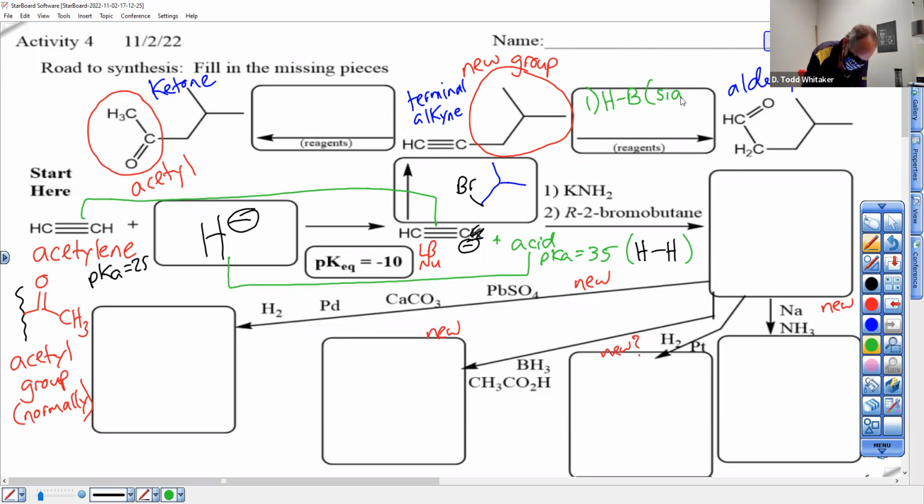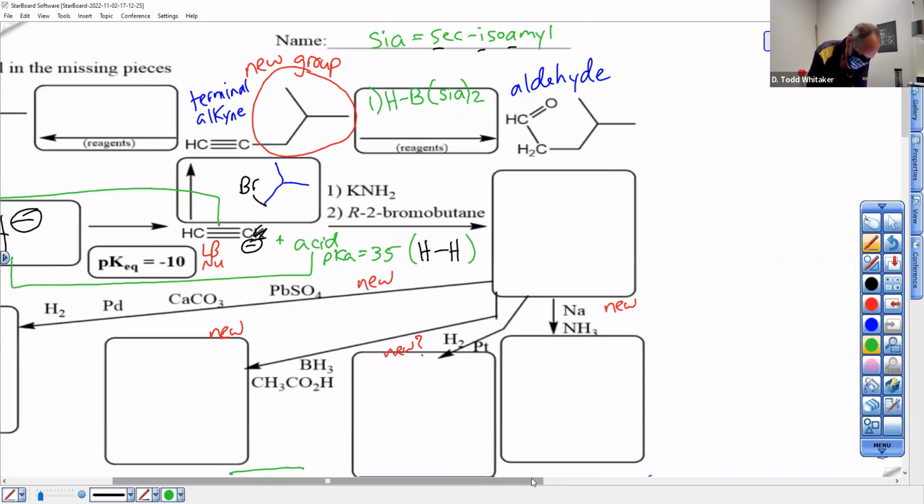Here's some weird stuff. Sia equals sec isoamyl. Sia, you see it there? Amyl equals pentyl. It's old school. So draw me Sia.